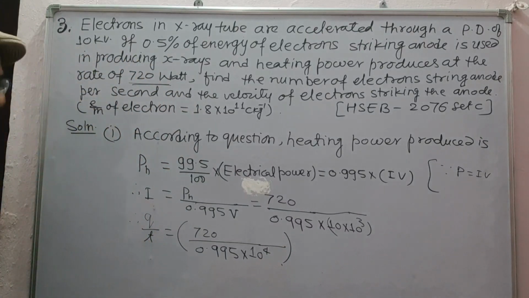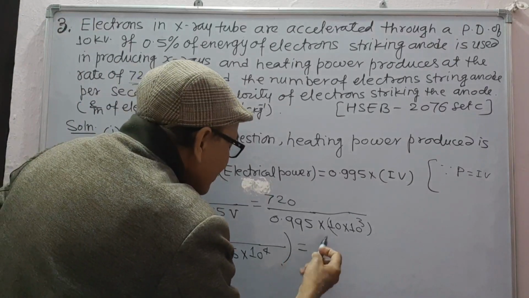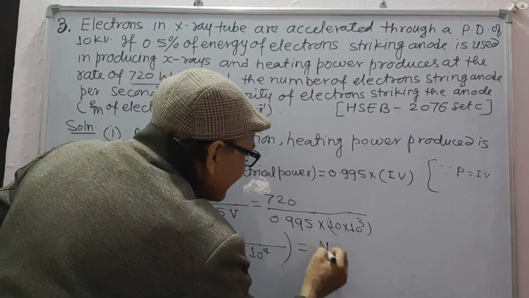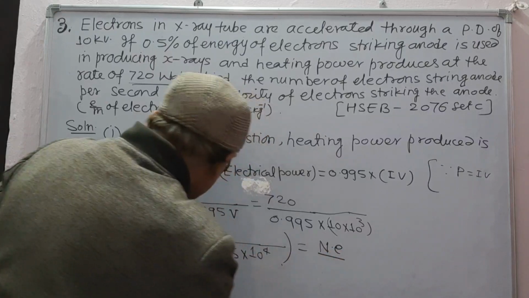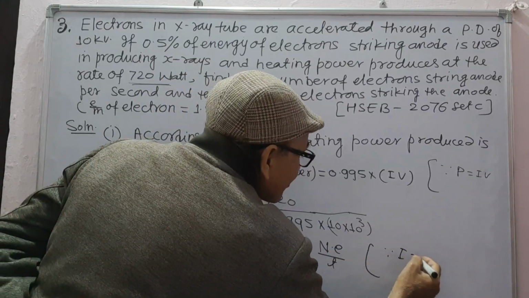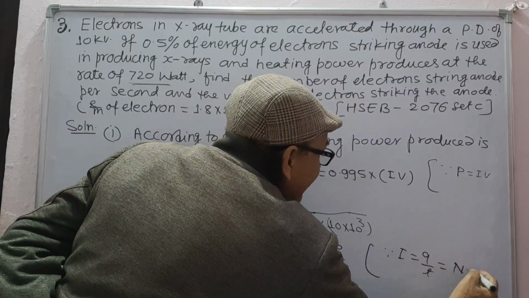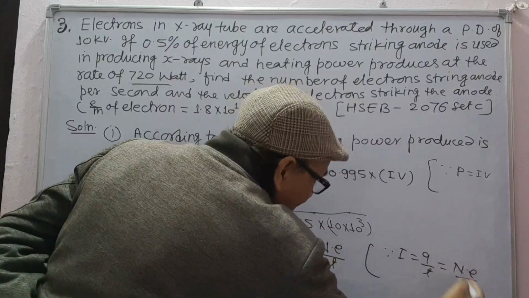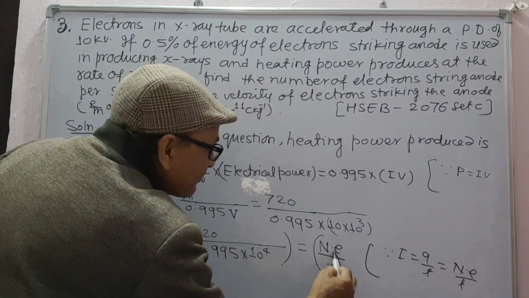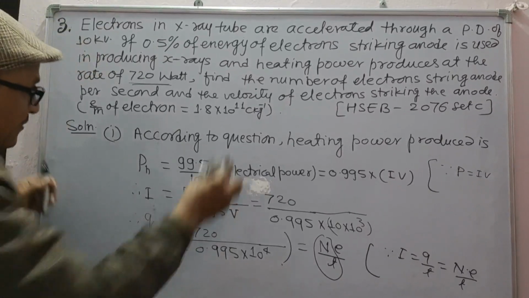And again Q is equal to N into e. So I = Q/T can be written as N into e upon T. So N upon T, we can separate it out.